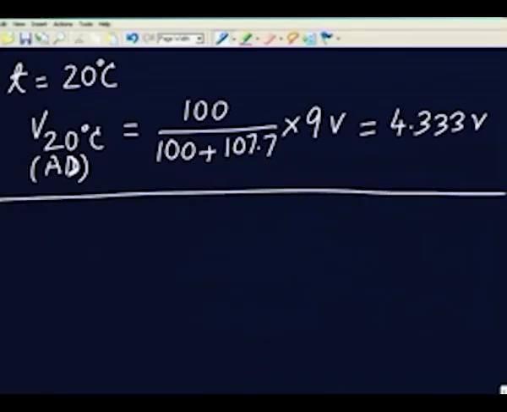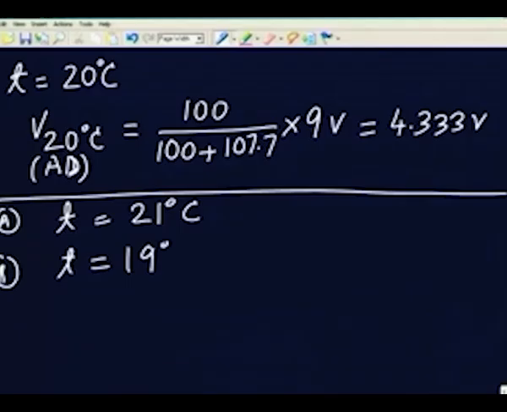Now, we will have to repeat it for 2 cases. Case A will be T equal to 21 degrees, case B will be T equal to 19 degrees, because I want to see what happens when the temperature changes by 1 degree, either to a higher value or to a lower value. So, I will use the same formula and find the appropriate resistance at 21 degrees and 19 degrees.